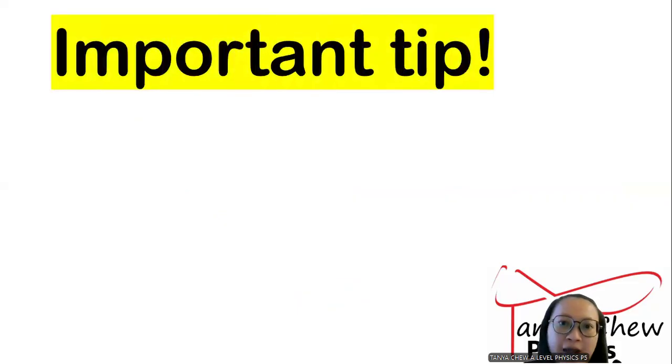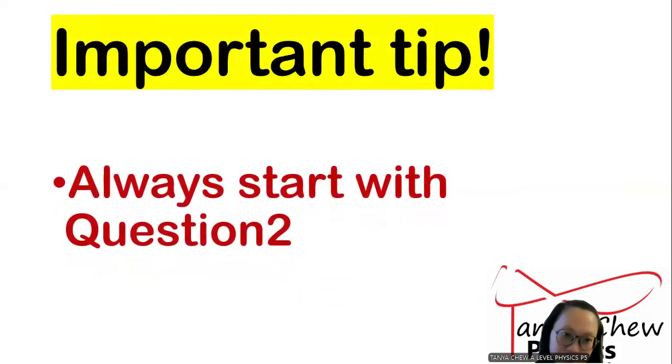An important tip that I want to give you is to always start with question number 2 first, because the time is limited for your paper 5. It is given 1 hour 15 minutes only, and you will be using a lot of time to plan your experiment, because this is not just reading the question and knowing what to do. Sometimes you need to think, and the time is running out.